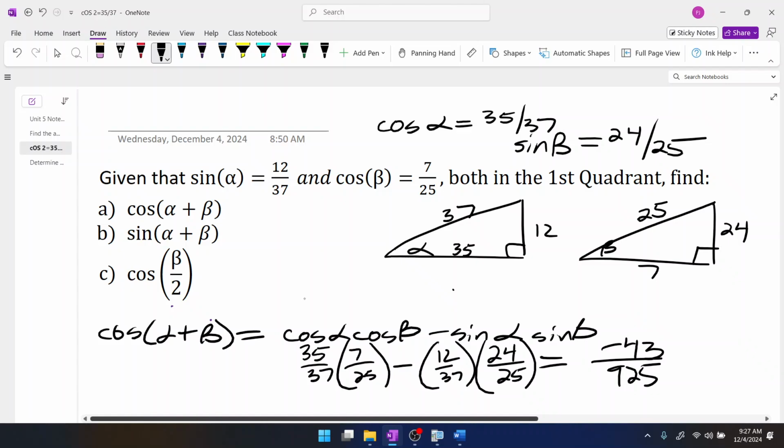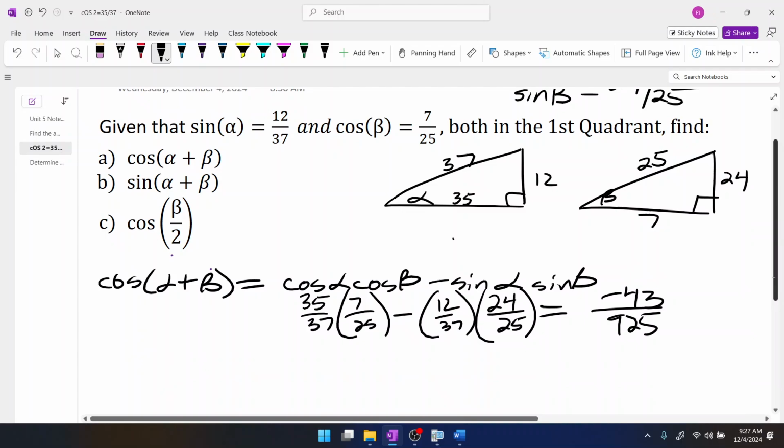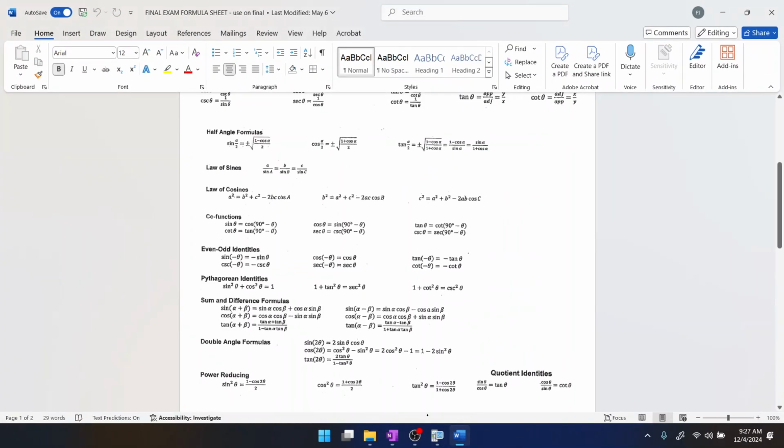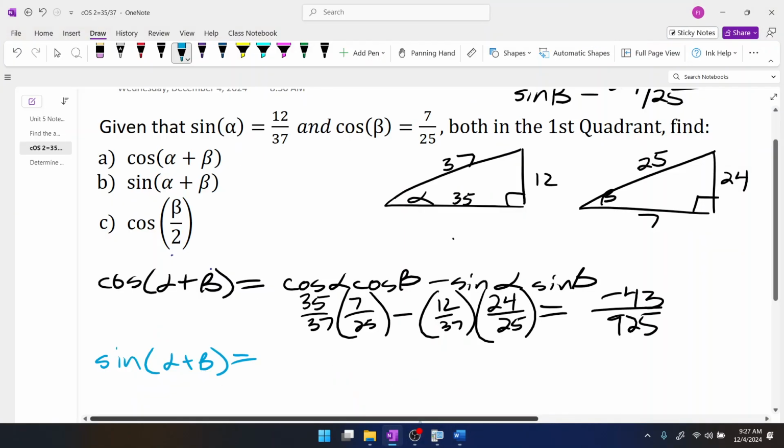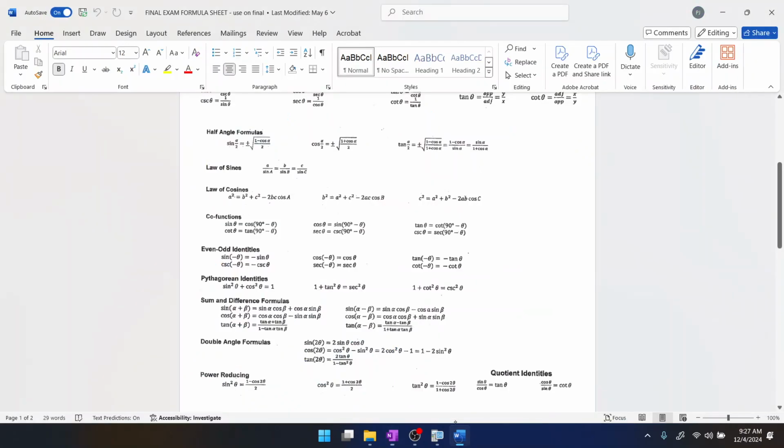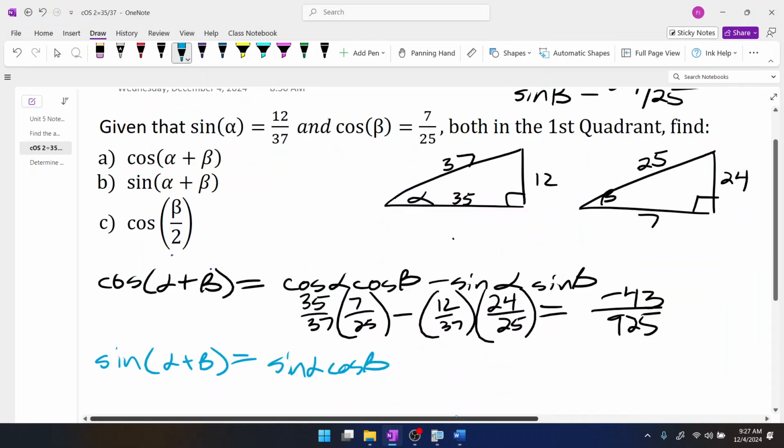So for the sine of alpha plus beta, let's see what we get for that. So sine of alpha plus beta is sine alpha cosine beta plus cosine alpha sine beta.